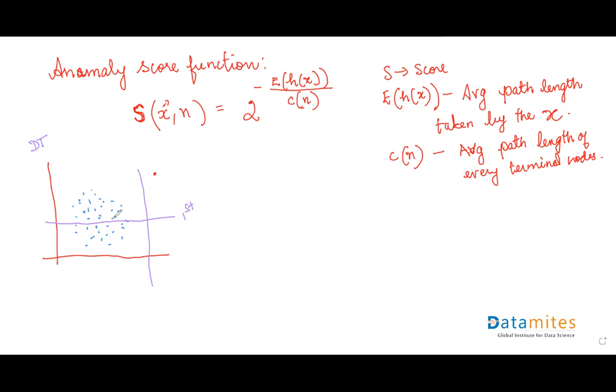This is the first split made by the decision tree, and this is the second split. So in two splits, it was able to isolate this particular point. The number of splits here was 2.